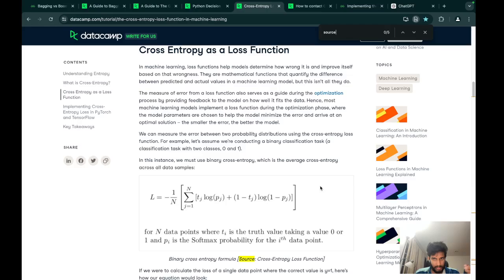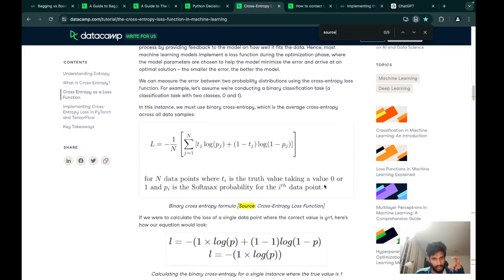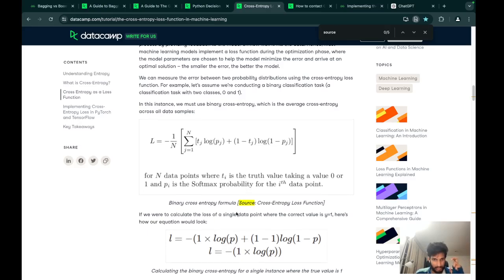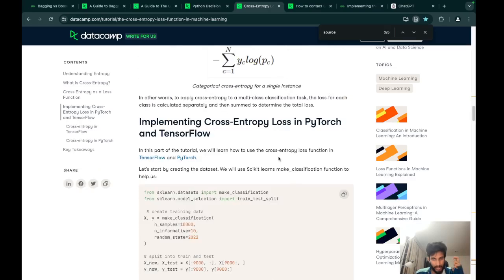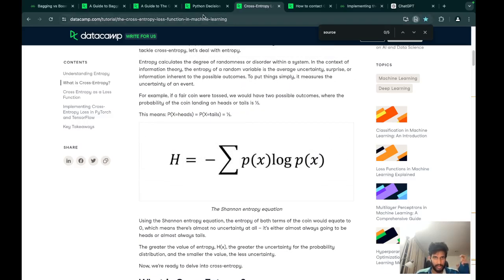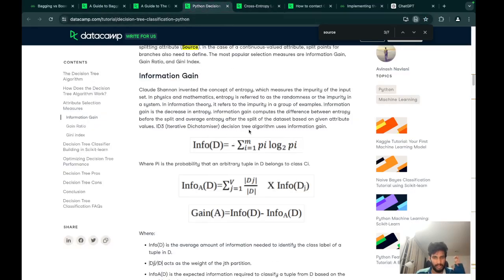I think this is softmax. This is not cross entropy. Oh yeah, here, Info(D) is cross entropy, and p_i is the probability that an arbitrary tuple in D belongs to class i.